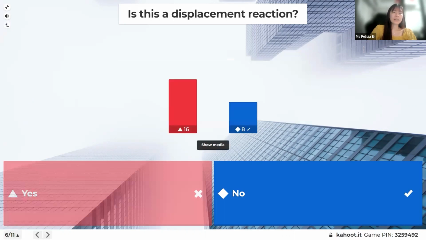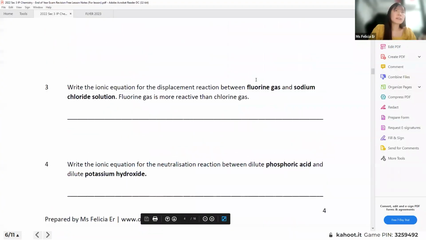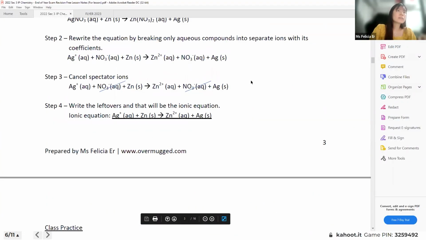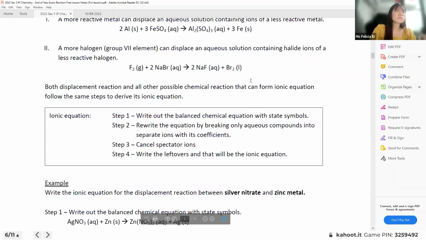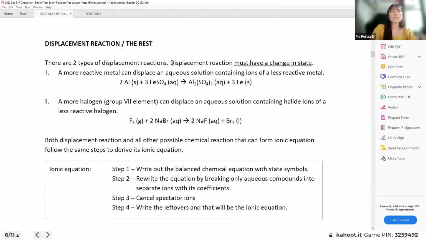Okay, so the answer is no, because for displacement reaction, although you swap partner, there is a need to have a change in state symbol. Did I mention it? I can't remember. Let me scroll back. Displacement reaction. Then over here, yeah, I did mention that displacement reaction must have a change in state. Your state symbol must be different.